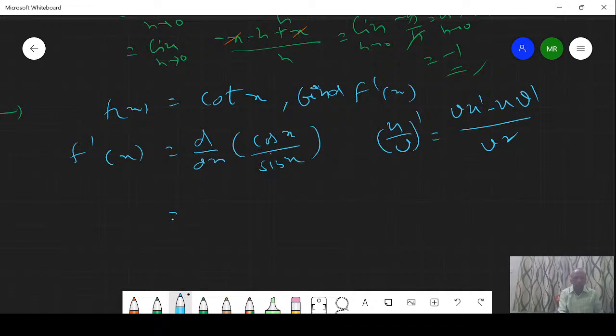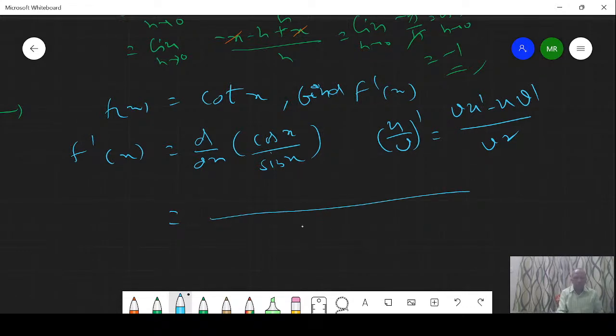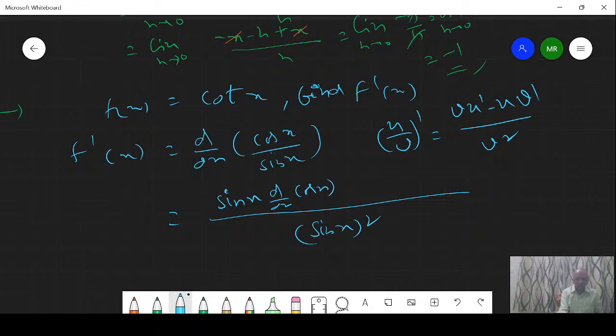Then I can consider the denominator sin x whole square, because this is v square, this is v, this is u. Then sin x into d by dx of cos x, minus cos x into d by dx of sin x.